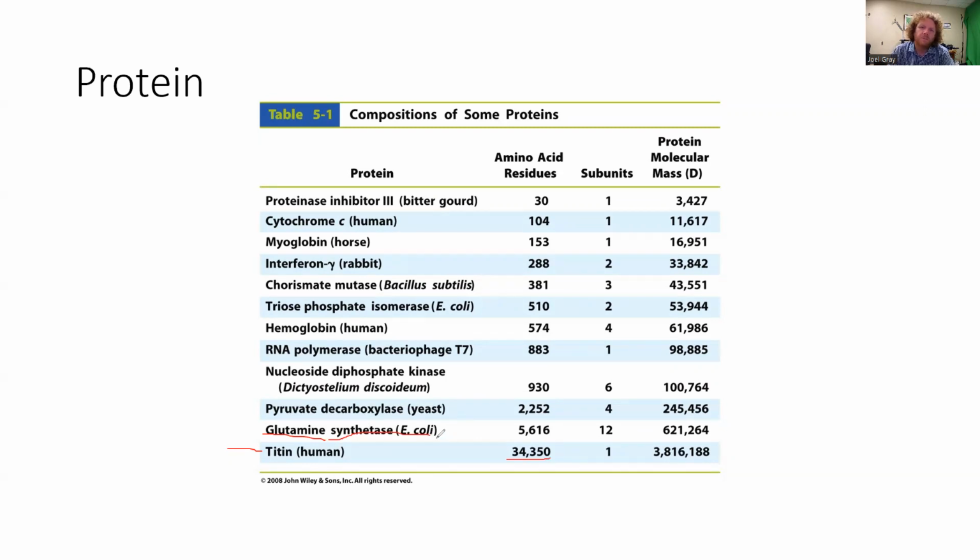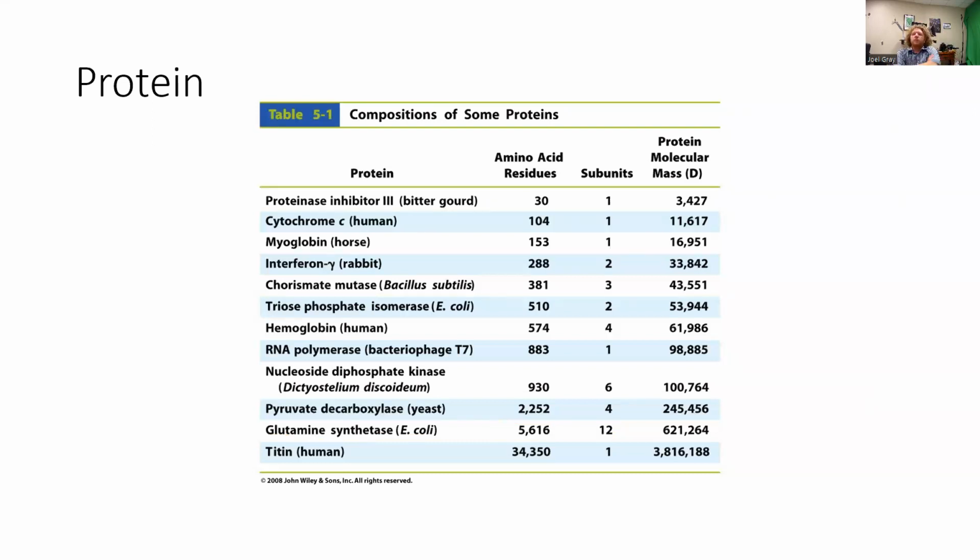That's an enzyme in E. coli that is involved in synthesis of the amino acid glutamine. It is 12 different polypeptide chains. Those 12 polypeptide chains add up to a grand total of 5,616 amino acids for a total mass of 621 Daltons. So proteins are composed in different ways.